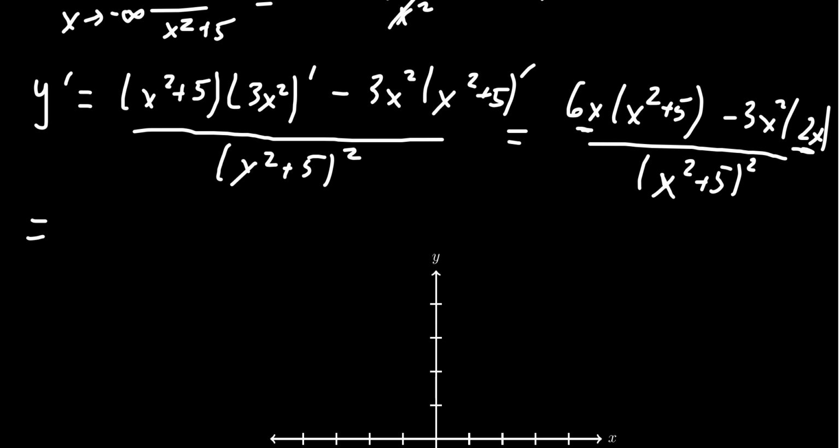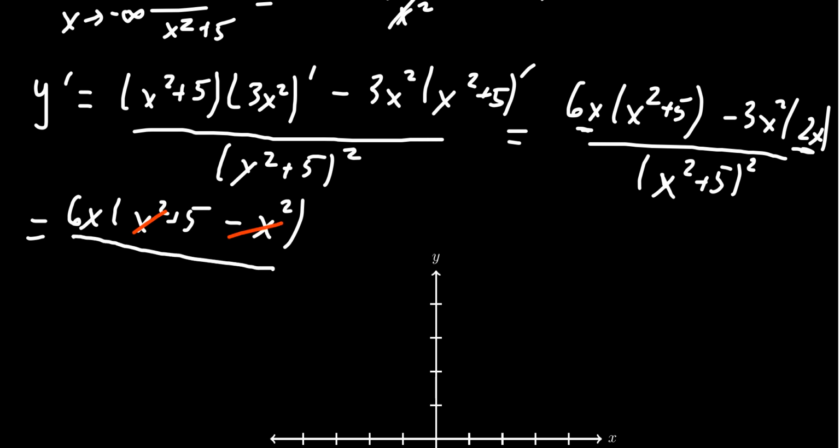If you take out the 6x, because we do want this thing to be factored, that'll leave behind x squared plus 5, and then we get minus just an x squared, for which we see that the x squareds are going to cancel. That's kind of convenient. And this still sits above the denominator, x squared plus 5 squared.